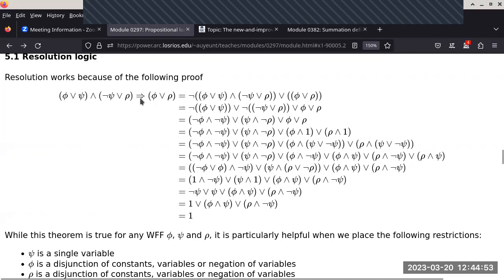This implication is always true, regardless of what you choose to be your phi, your psi, and also your rho. Pick whatever you want as a Boolean expression for your phi, your psi, and your rho. This implication is always true. Is that okay? That's what this proof is trying to prove.